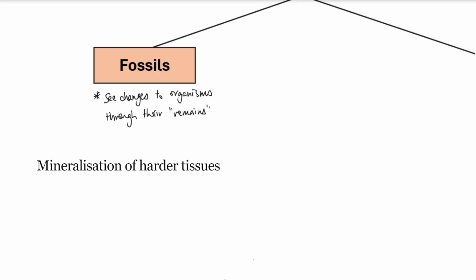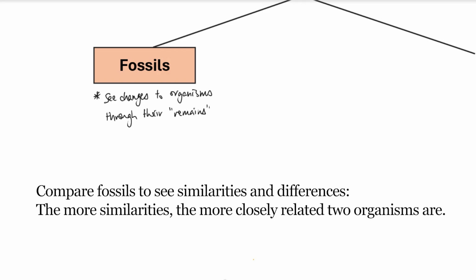So you are making essentially rocks, or really tough bone-like rocks that would be the fossils that we see nowadays. So we can compare those fossils, looking at the bone structure, for example, and then you can see any changes to the particular species over time.